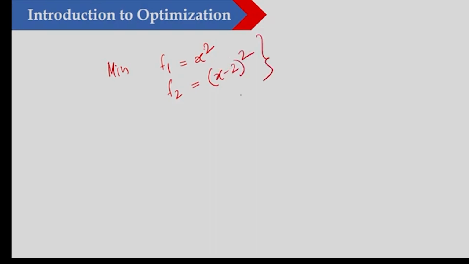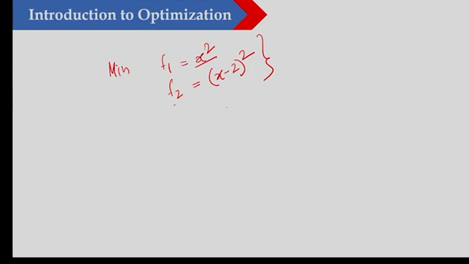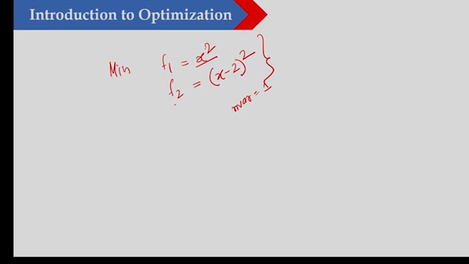This is a very simple problem and both objective functions are minimization type. So, minimize f1 equal to x square and f2 equal to x minus 2 whole square. The number of variables nvar is equal to 1 and we do not have any constraint. So, let us solve this particular problem.